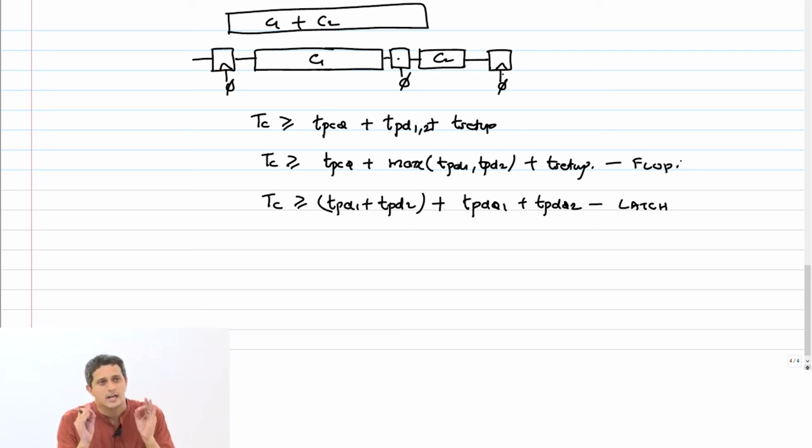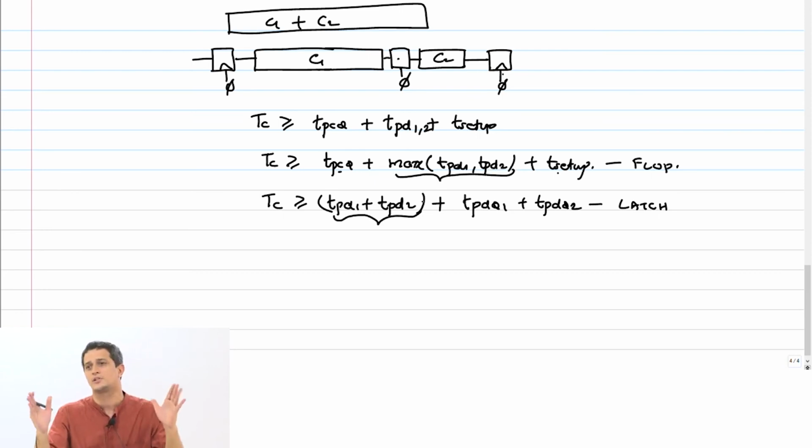The key difference I told you earlier is that the sequencing overhead was not very different for a latch based system and a flop based system. It was T setup plus TPCQ in a flop based system. It was TPDQ1 plus TPDQ2 in a latch based system. But what is the difference? This max constraint has now been replaced by TPD1 plus TPD2.